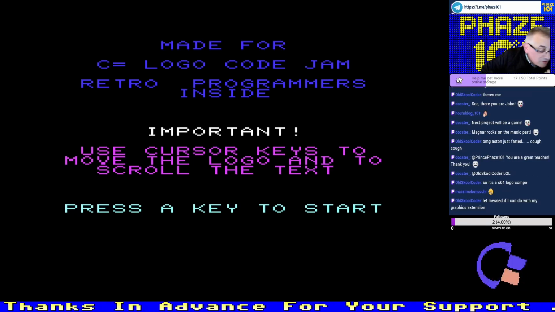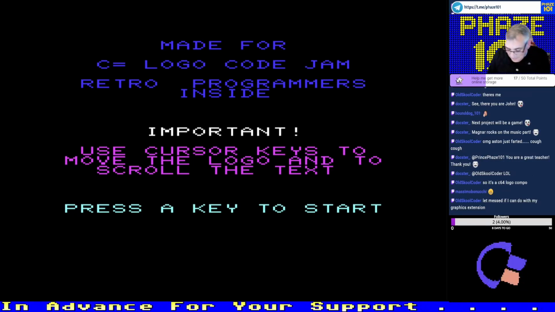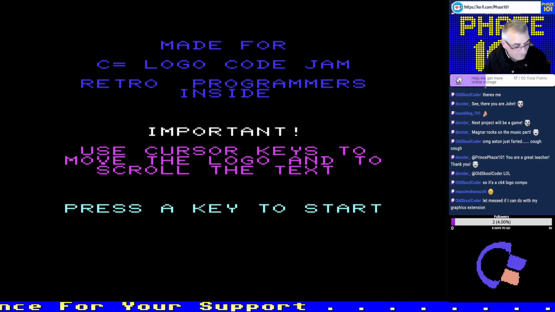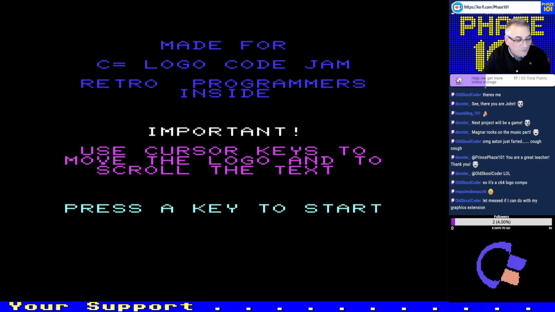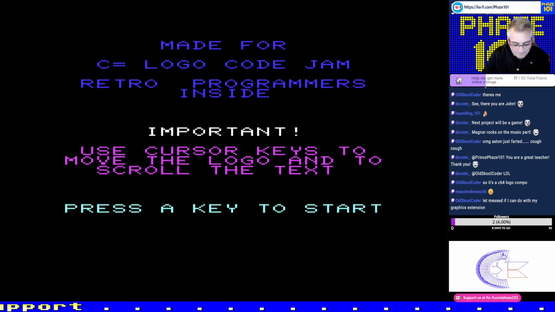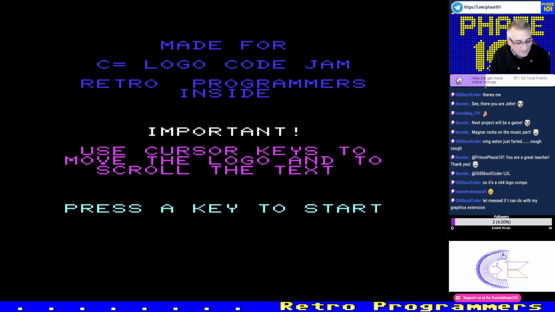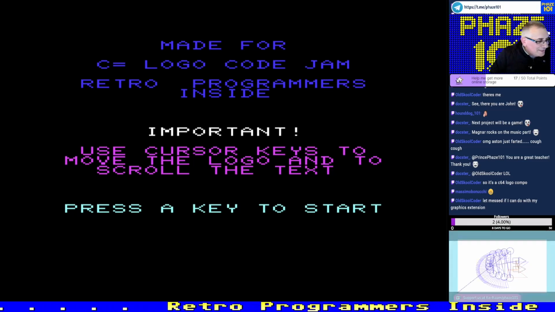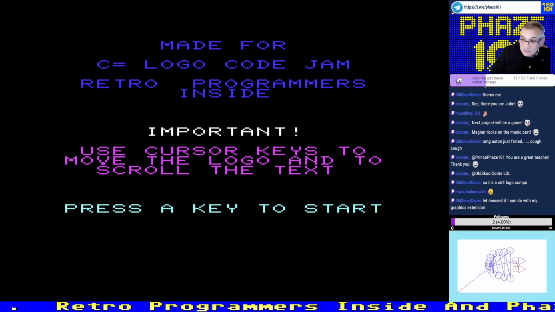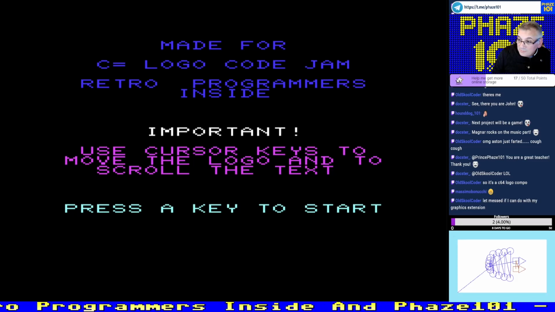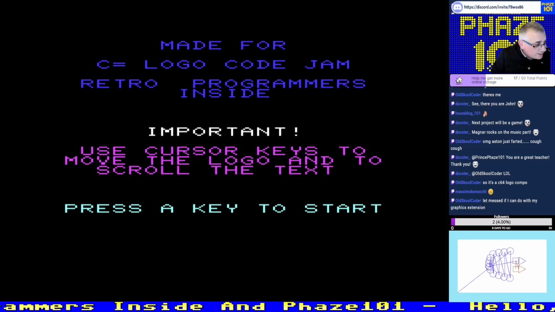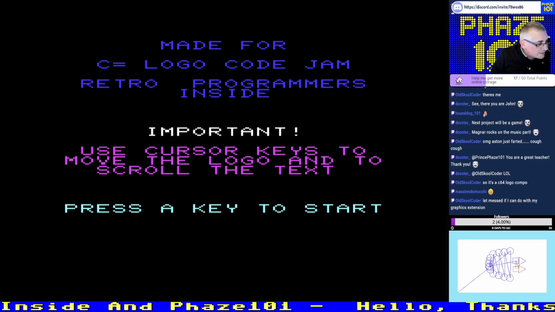A challenge, not a competition, because it would not be fair to say a challenge, you know, you write your own logo. Anyway, let's make sure that I am there and let's see what Massimo did.